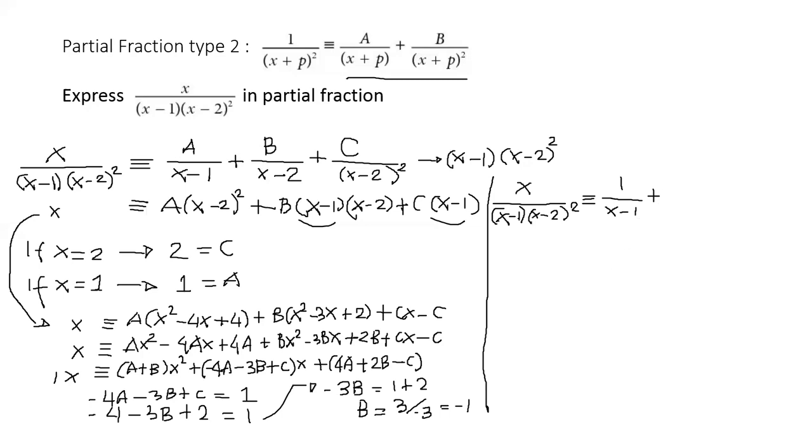If minus 1, it means minus, not plus. Minus 1 over x minus 2. C how much? C equals 2. It means plus 2 over x minus 2 squared.